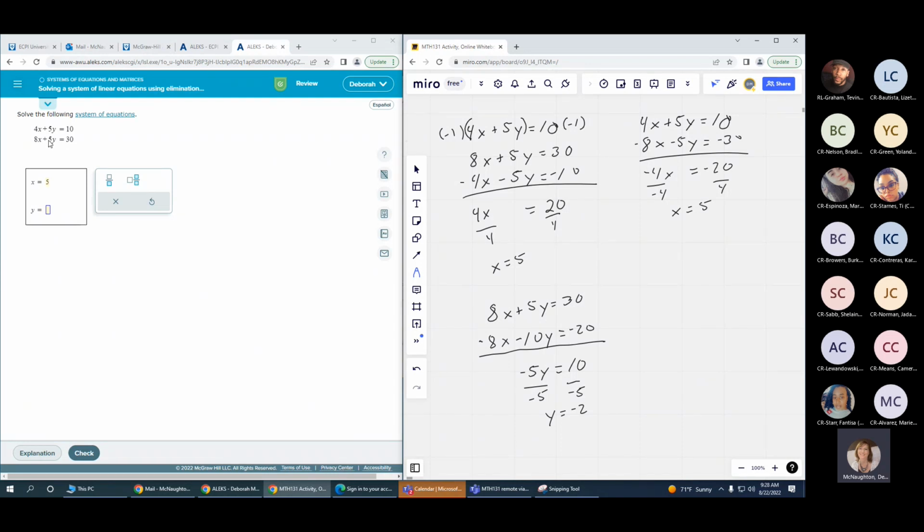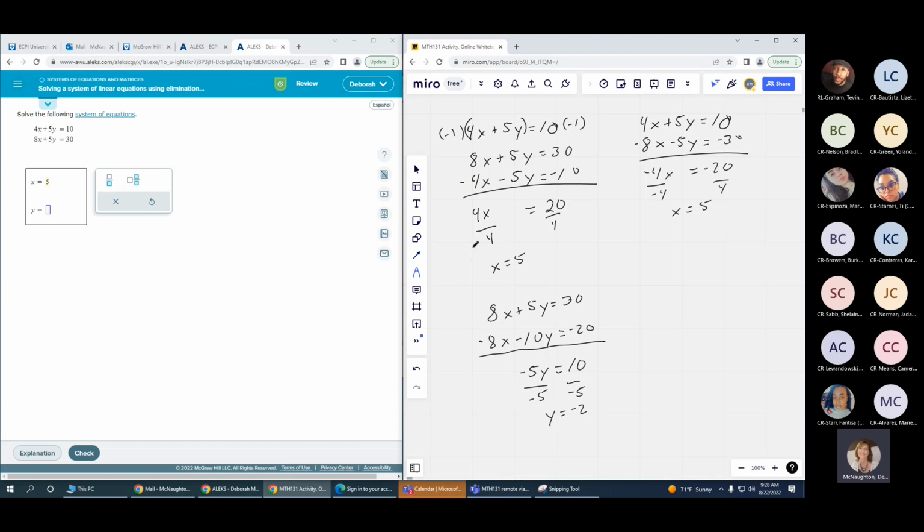But in this case, you multiply one of the equations by -1 so that term disappears. If a coefficient matches, the easiest way is to multiply an equation by -1. If they didn't match, I could have multiplied the first equation by -2 to get -8x and make the x's cancel.